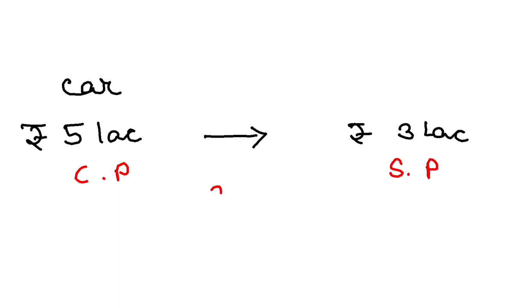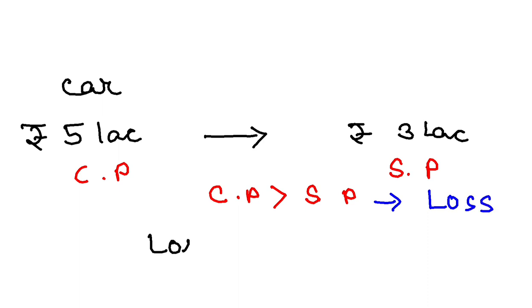This time your CP is more than SP, so the person has incurred a loss, isn't it? So how do you calculate loss? So loss, symbolically capital L, is always CP minus SP.